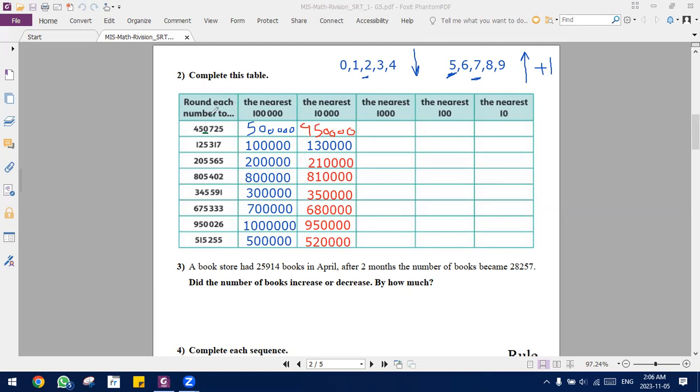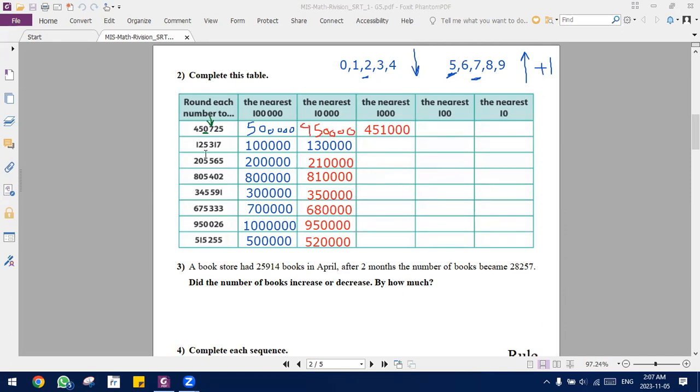Then the same steps, we check the value behind it, which is 7. Is 7 round up or down? It's round up. So 450 will be 451. So as we said, we write everything before the underlined value, and after it will be 0. So it will be 451,000.